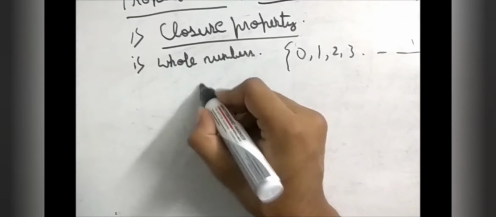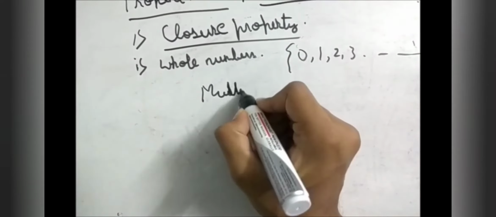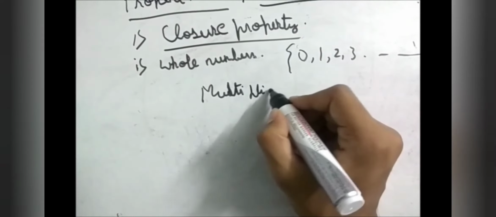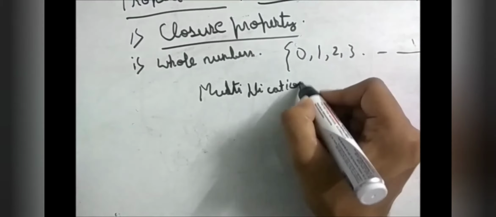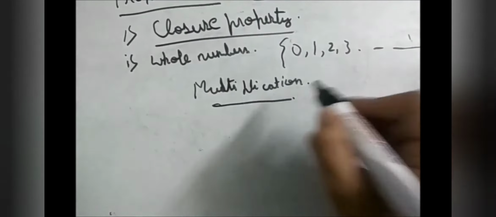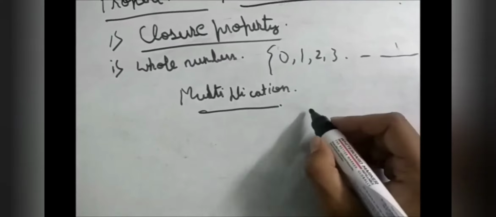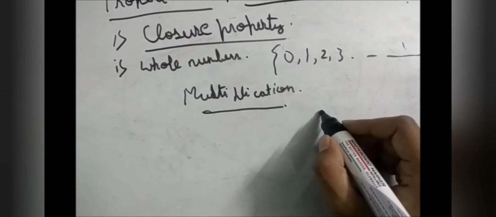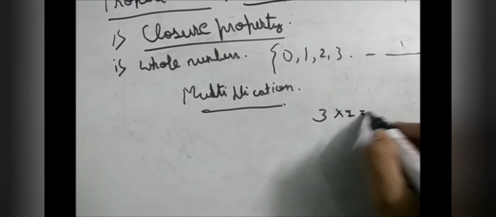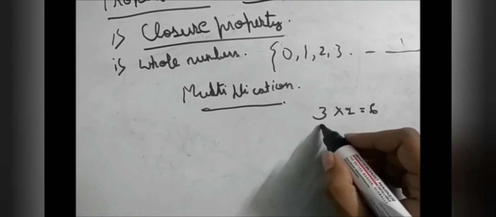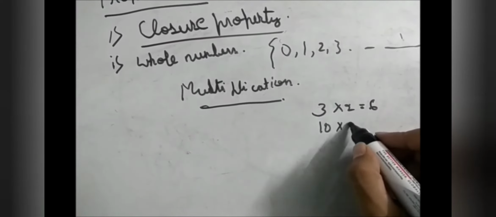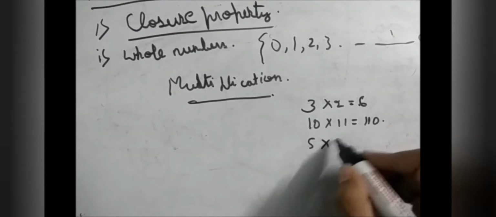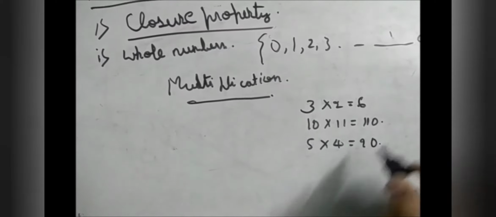Now if we take multiplication, if we take any elements, 3 into 2 will be 6, or 10 into 11 will be 110, or 5 into 4 will be 20.